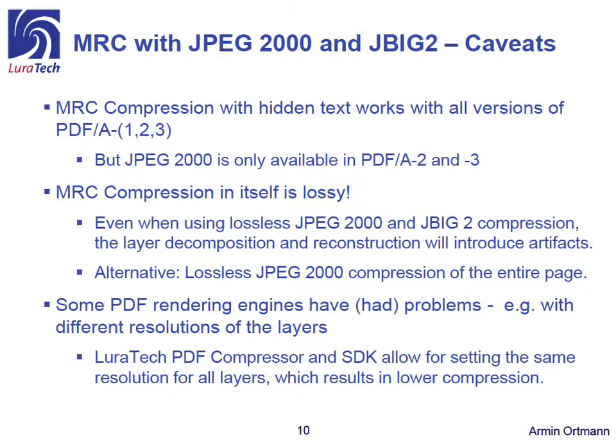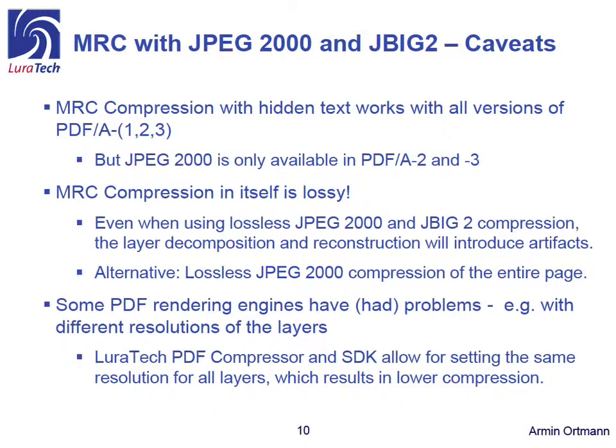One thing that also needs to be noted: once you start using MRC compression, you can use lossless JPEG2000, lossless JBIG2, but you have to be aware that creating or separating a document in these 3 layers and then having a reader compose them again is inherently a lossy process.